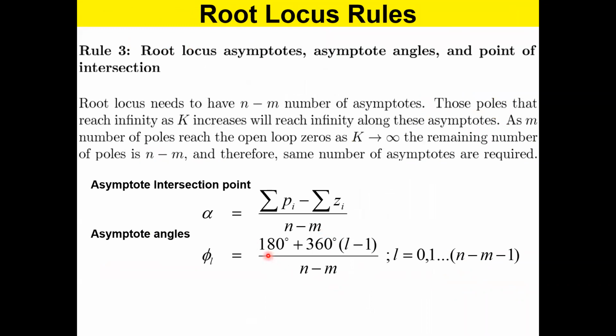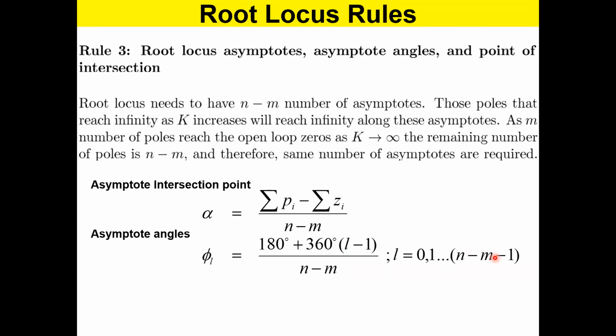If you want a proof, you can read Nagrath, Franklin, Lewis, any of these standard books. 180 degrees plus 360 times L minus 1 over N minus M. So that is the equation. N is number of poles, M is number of zeros in the open loop plant. L goes from 0 to 1 to 2 up to N minus M minus 1.